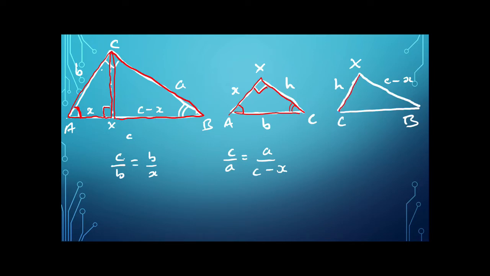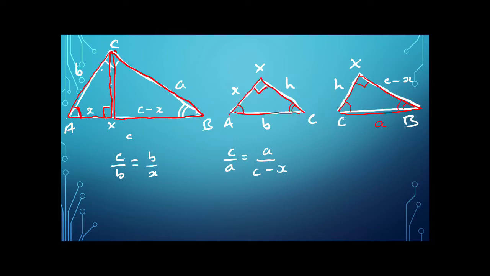And if you see, we have the right angle again. CB is A there. Angle C must be that size because angle B is that angle there. So those three triangles are similar, and hence we can look at the ratio of their sides.